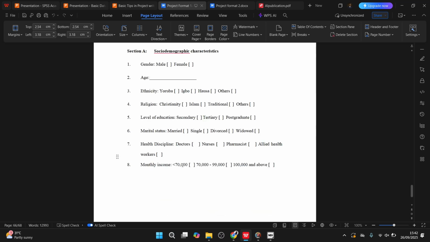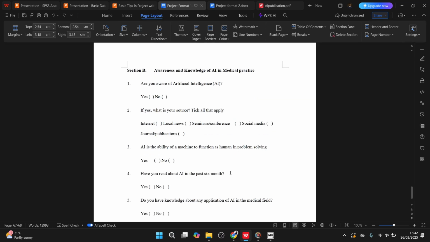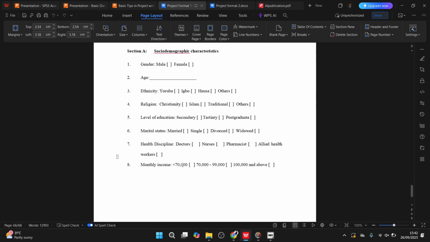A lot of what you are going to have in social demographics is going to follow that. Age is numerical, and depending on who you ask, continuous or discrete. Ethnicity follows the same pattern as number one, so they are all nominal qualitative variables.